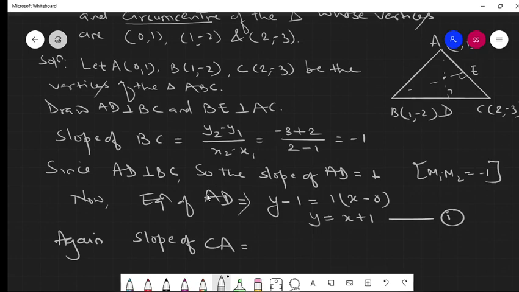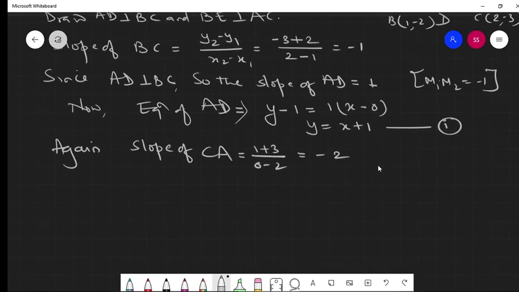The slope of CA is y2 minus y1 over x2 minus x1, that is 1 plus 3 by 0 minus 2, taking A to C. So that is 3 plus 1, 4, over minus 2, which is minus 2. The slope of CA is minus 2.